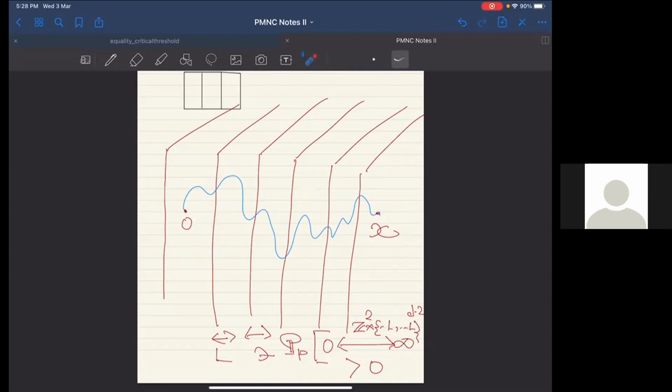So if this probability is like q, then this event will have a cost like (1 - q) to the number of layers, which will be |x| divided by L. So that gives an exponential decay.